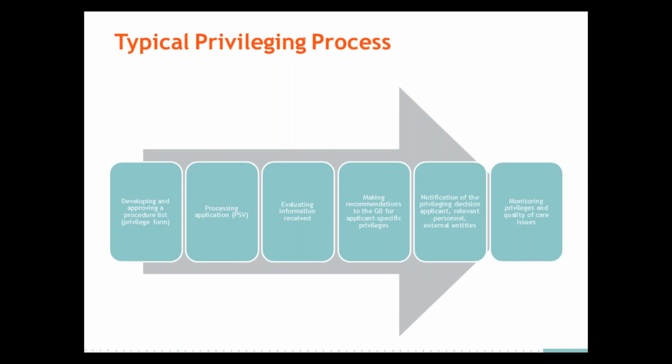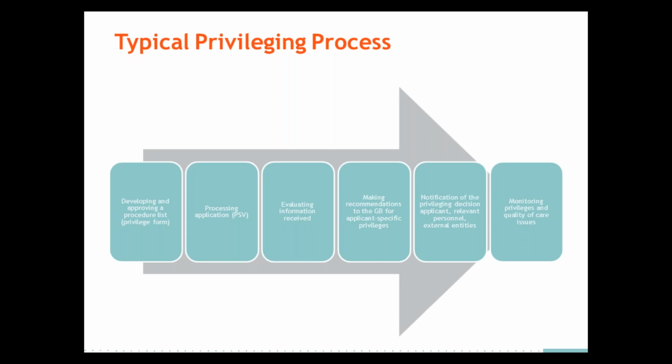When you look at a typical privileging process, it includes developing those privileges, those procedure lists, the forms that we develop, procedure forms or privilege forms. And then we process the application and perform all the primary source verification of all the elements that need to be verified. And then the medical staff makes recommendations to the governing body for privileges that are specific to that applicant.